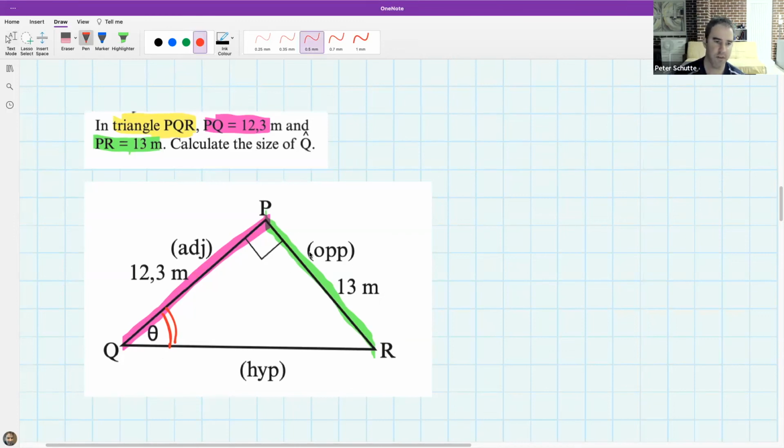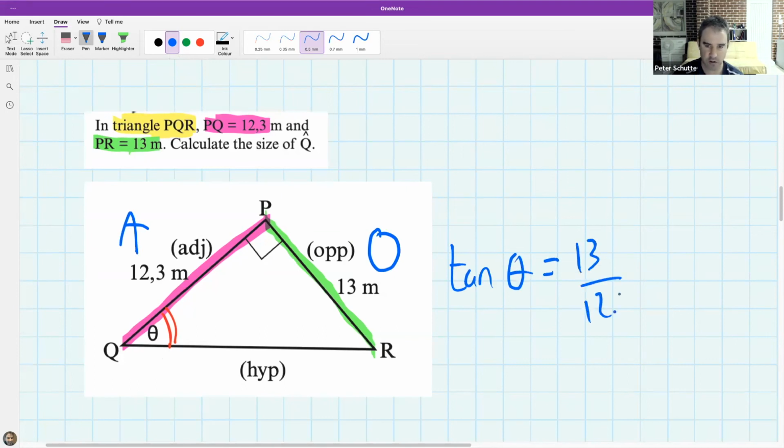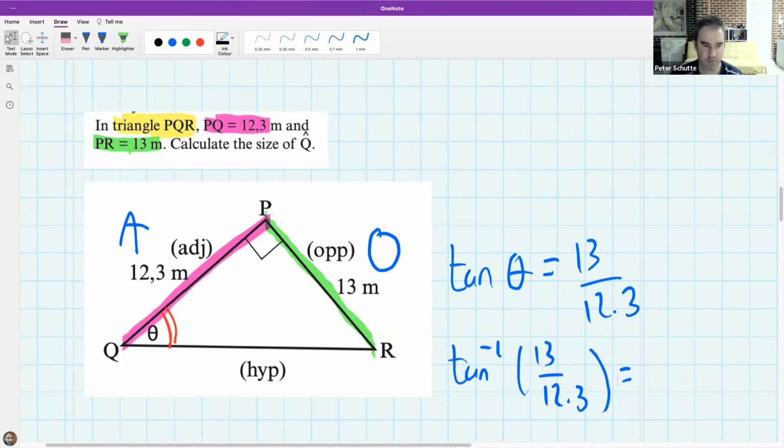So think about the fact that this is O and that's A. So I think we're going to write the tan of theta is 13 over 12.3. And so then when we get inverse tan of 13 over 12.3, we are indeed going to get around 46.6.